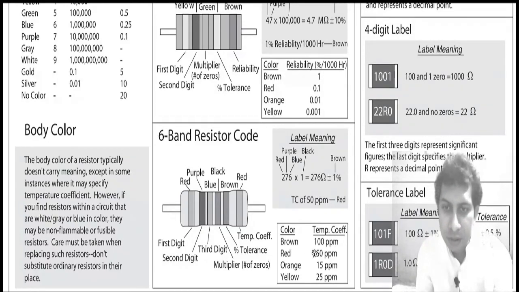If the temperature increases, then the internal property of the atoms or material used in the resistance will be affected by parts per million, which is 50 for this red color.